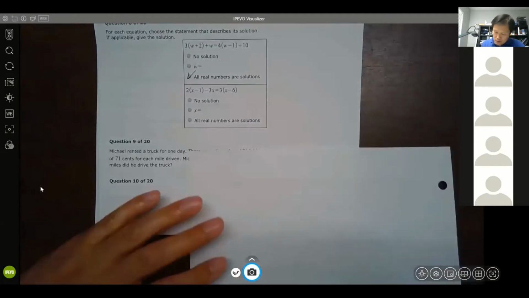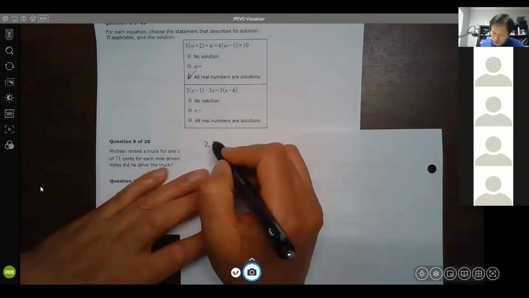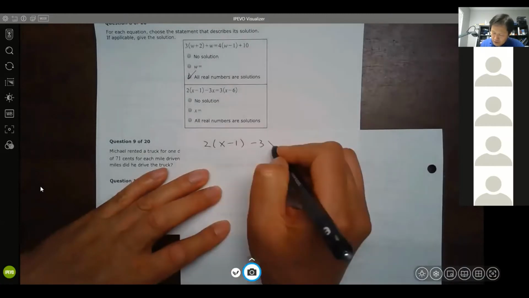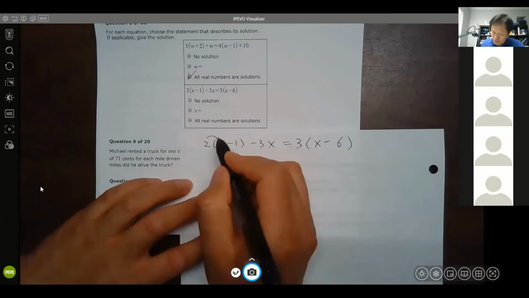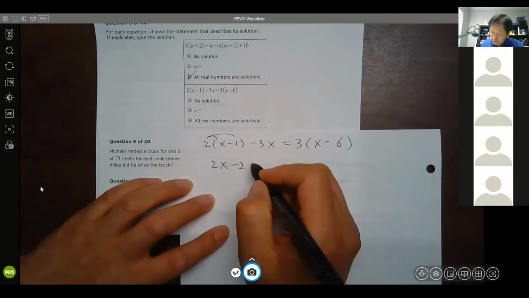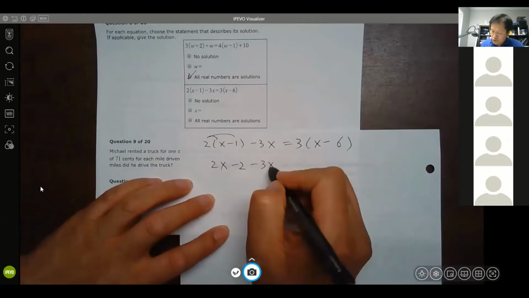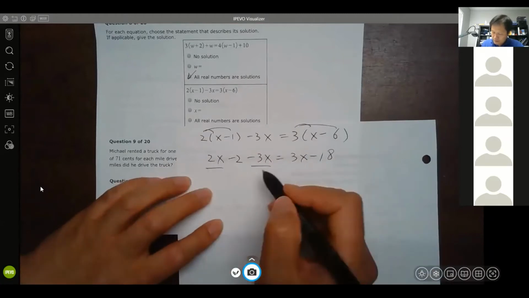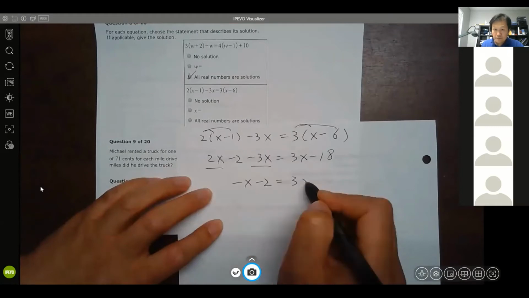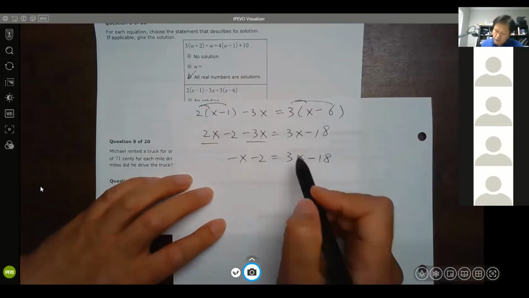So 2 minus 3x minus 6, distributing 2, distributing 3, combine like terms. I want x to be on the left.